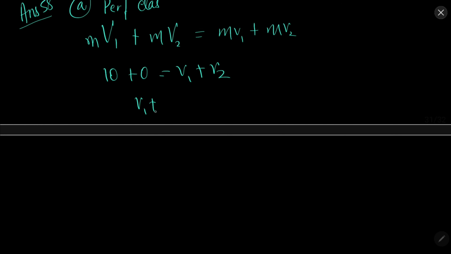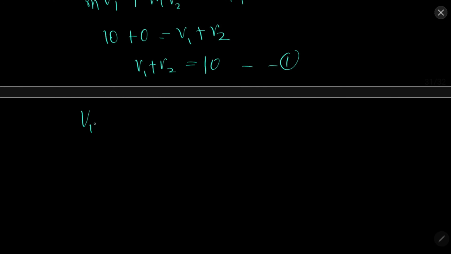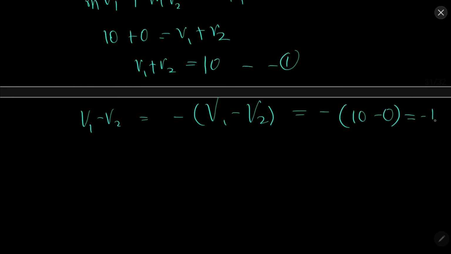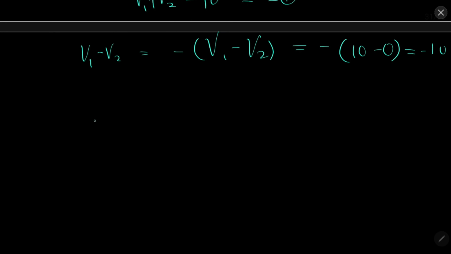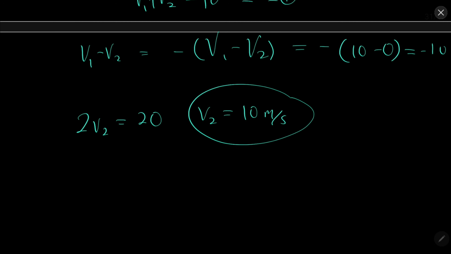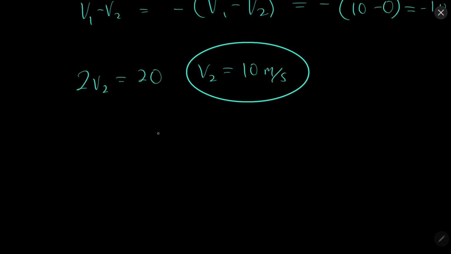So v1 plus v2 equal to 10, equation 1, and again v1 minus v2 equal to minus u1 minus u2, that is minus 10 minus 0 equal to minus 10. So ultimately we will have 2v2 equal to 20, so v2 equal to 10 meters per second.